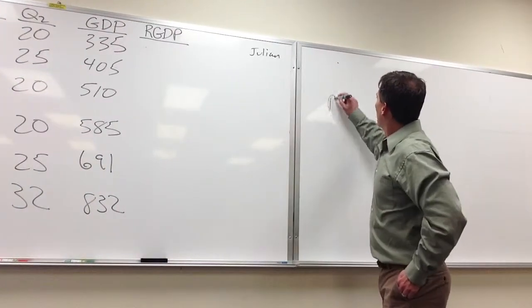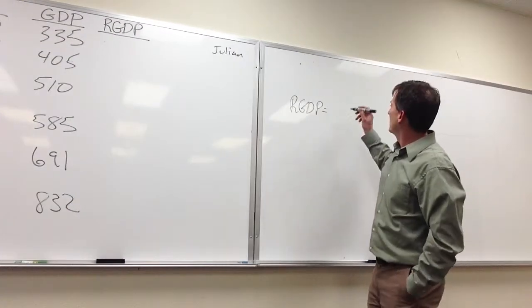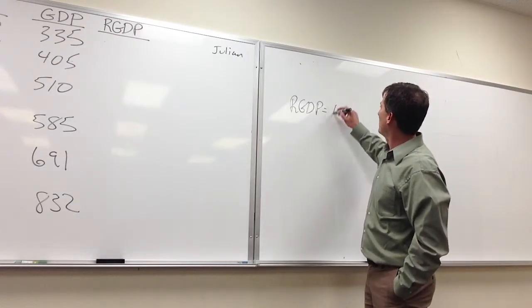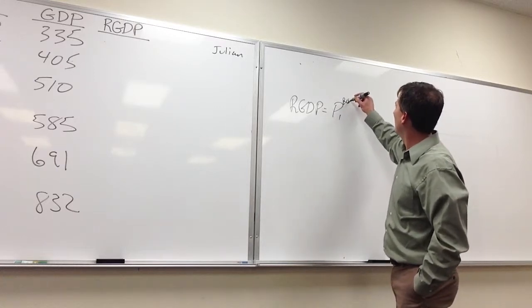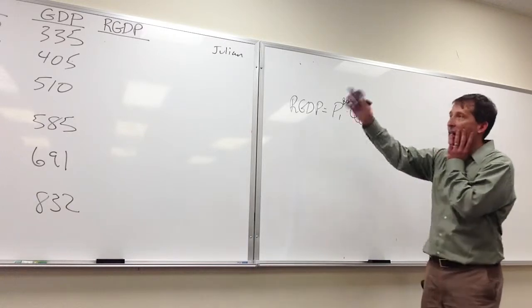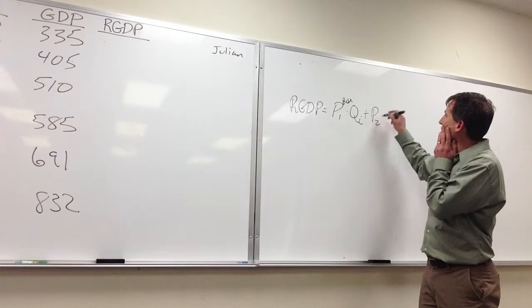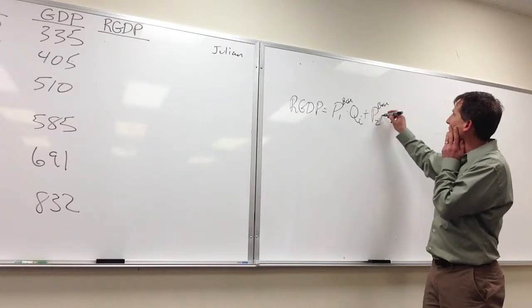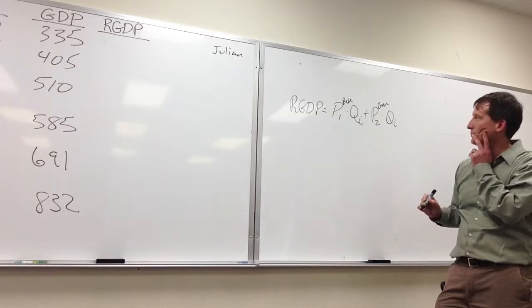So our formula for this is the price of good 1 in the base year times the quantity in year i, whatever year we're looking at, plus the price of good 2 from the base year times the quantity of whatever year we're looking at.